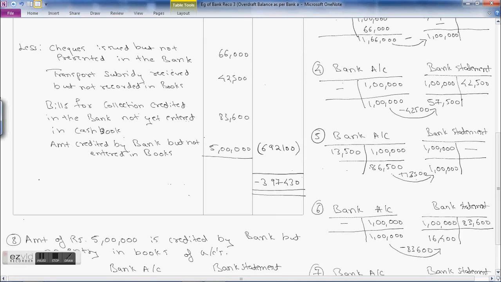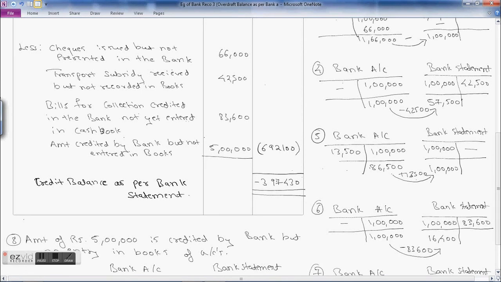That is, now this balance is not an overdraft balance as per bank statement, it is a credit balance, that is your normal balance as per bank statement.